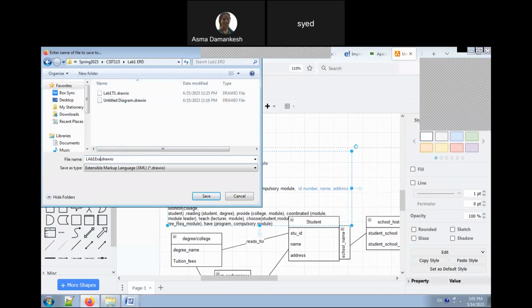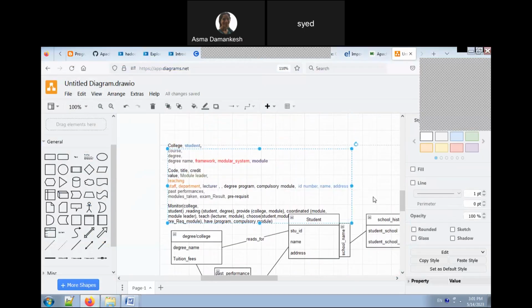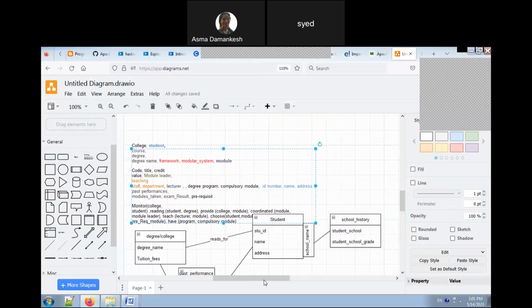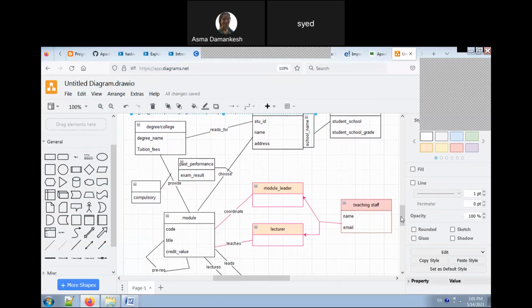Wording. Okay. Which part do you want to look into? No, I just wanted to look at the whole ERD.